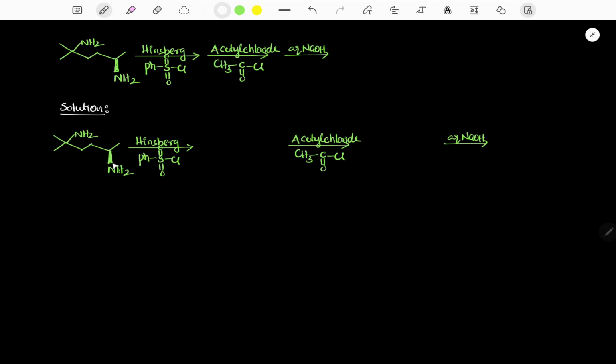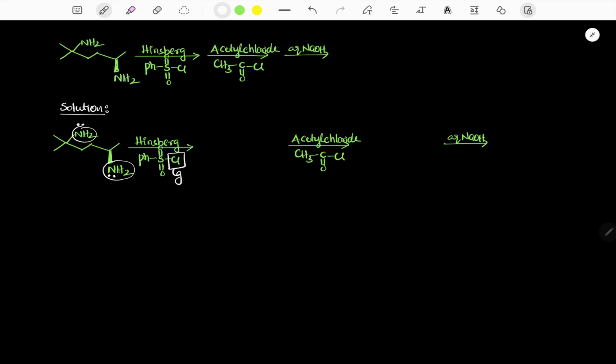The reactant has a primary amine, and the reagent is Hinsberg reagent. Hinsberg reagent has a leaving group, and here the primary amine is the nucleophile. We are adding only one equivalent of Hinsberg reagent.